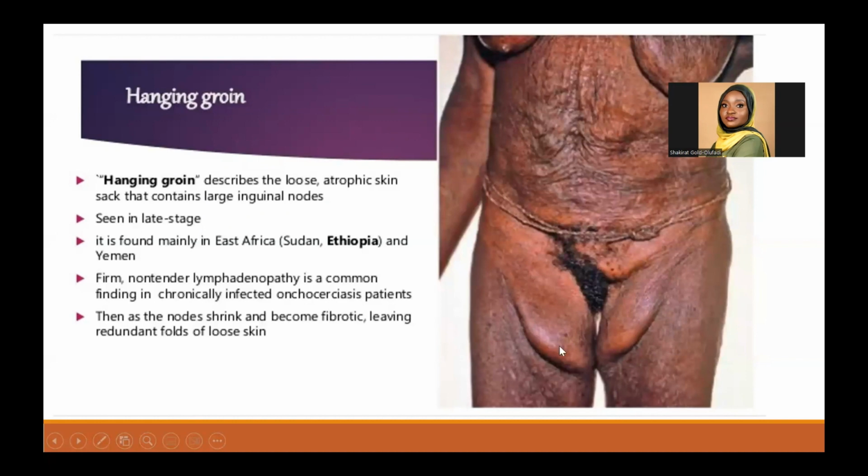The lymph node enlargement could be from the constant scratching, which causes skin infections, which then result in enlarged lymph nodes. And also in people who are chronically infected with the onchocerciasis worm, it causes lymph node enlargement because remember, we said the microfilaria moves around in the lymphatic vessels. So that can also cause some degree of inflammation there.